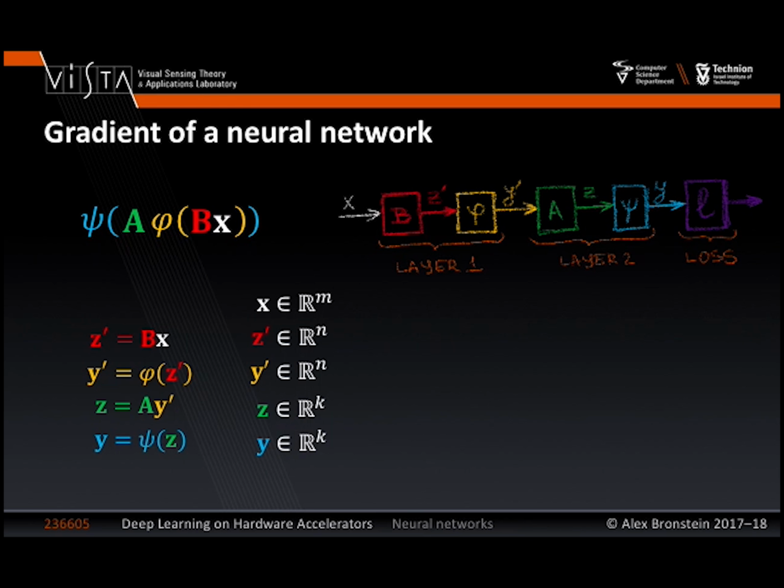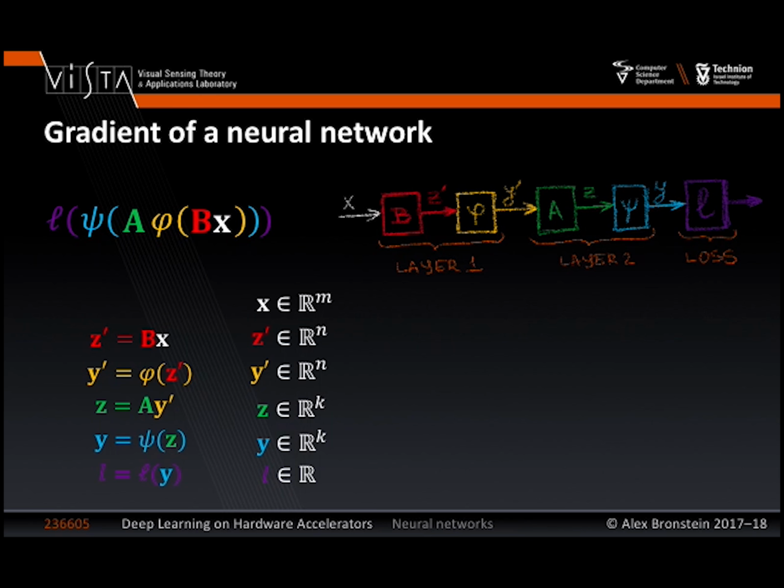Okay, and you can follow the dimensions, of course. I might change the dimensions in between. I'm starting with an m-dimensional input, and I'm ending up with a k-dimensional output. Let's say I'm doing classification to k classes. Okay, and I'm assuming that I have element-wise nonlinearities. And then I compute the loss of all this mess, and it gives me a number. Okay? So now we need to differentiate this with respect to A and with respect to B.